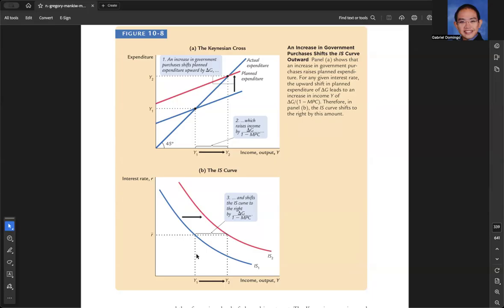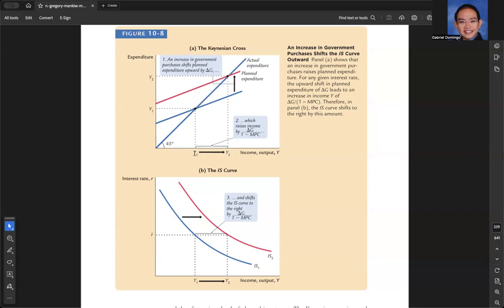So just as one example, here you have fiscal policy and a positive change in G, right? Any changes in PE, of which the change in G is one, will change your planned expenditure line. It will shift it up or shift it down. And it will change your Y. It will either make it go up like here, or it can also make it go down if the PE line shifts down.